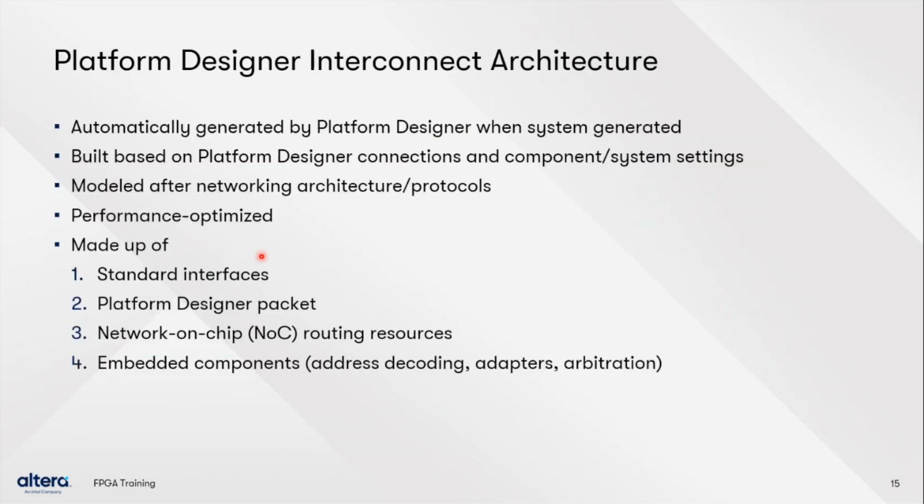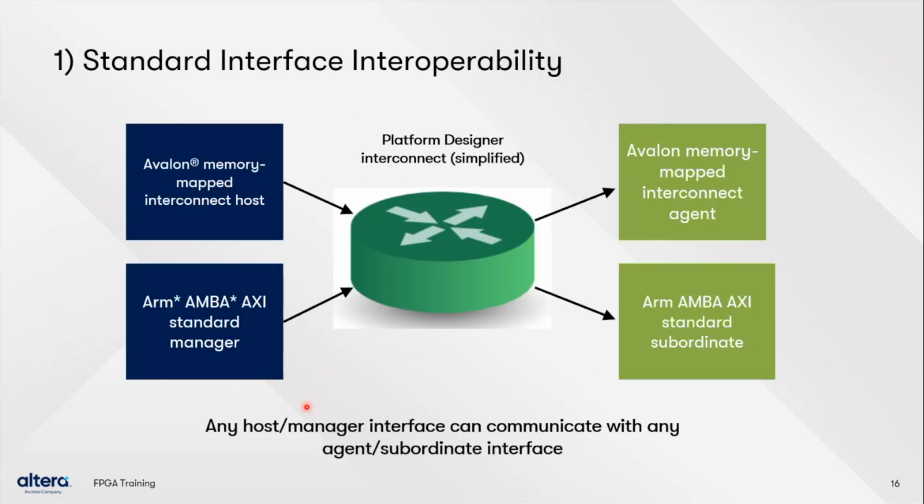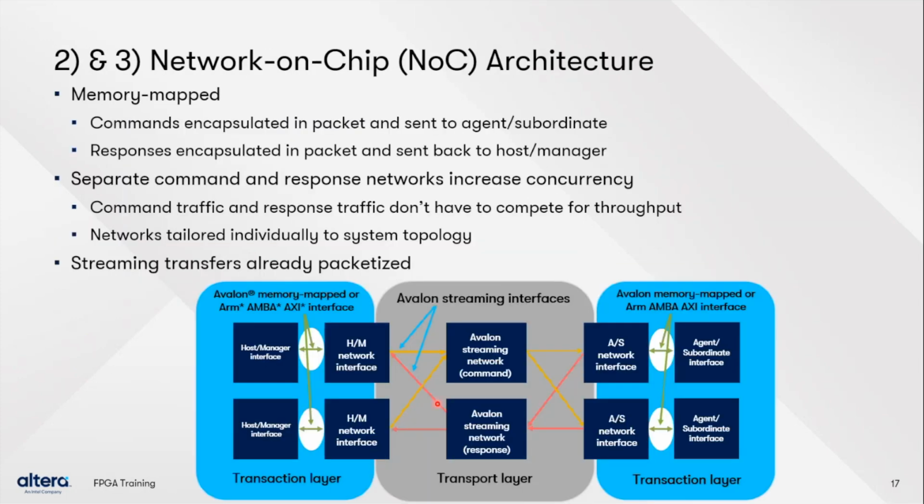Like I was saying, the interconnect is really made up of these four parts. We already talked about standard interfaces, and I talked a little bit about the interconnect and the separate command and response networks. I did mention also that everything gets encapsulated into a packet. The packet format makes it much more flexible.